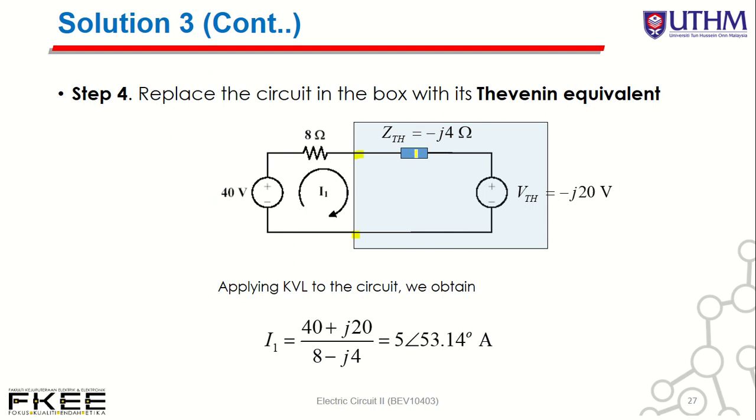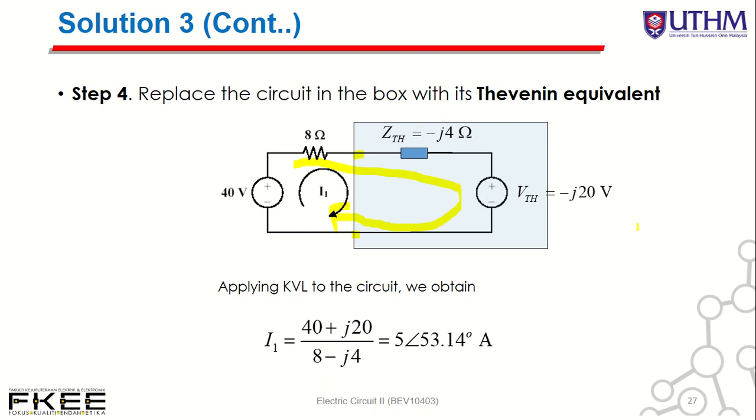Once you have ZTH and VTH, then you can determine the current by applying KVL. Minus V1, plus I1 times (8 minus J4), plus VTH equal to 0.